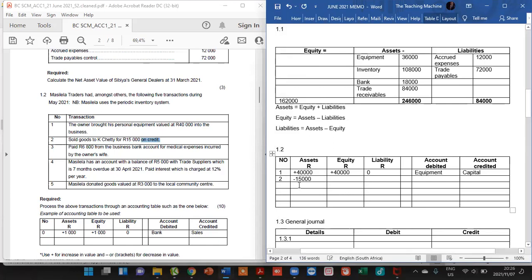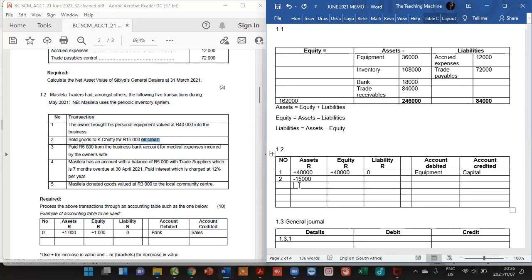Okay. At the same time, a debt has been created. A debt has been created because the business sold goods to this client. This client will owe the business. This client will be classified as an asset of the business since the business will expect future economic benefit.